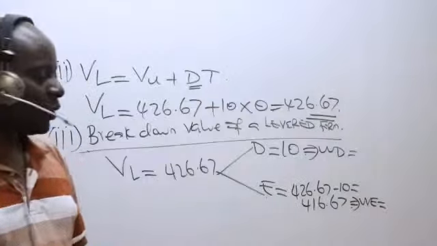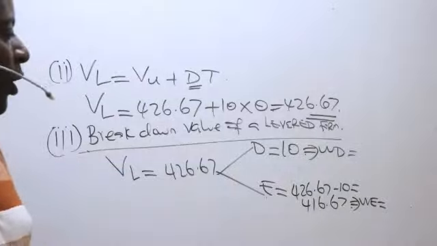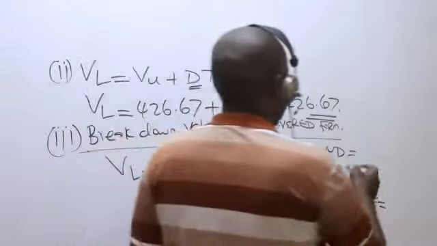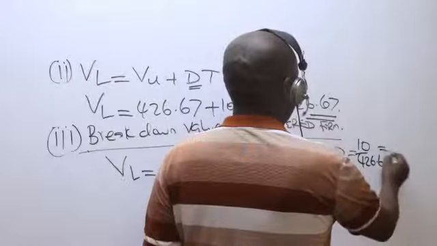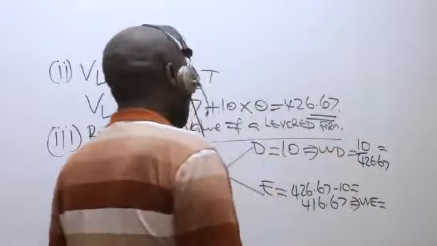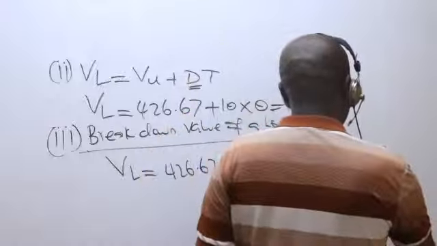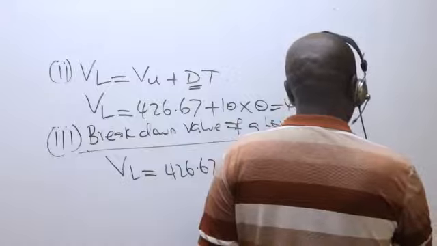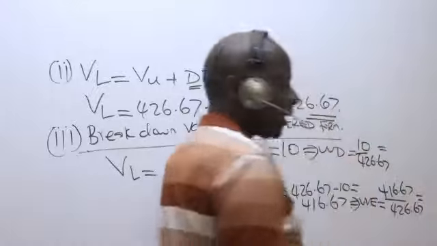So weights, are you able to give me the weights very fast? What shall we do to get weight of debt? You take 10 divided by 426.67. Then weight of equity: this will be 416.67 divided by 426.67.